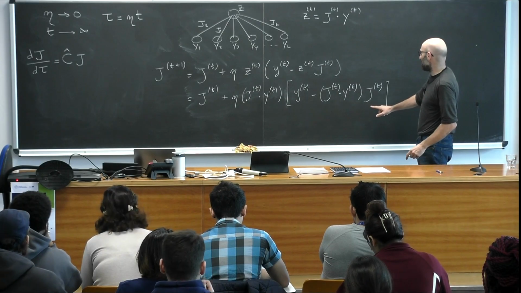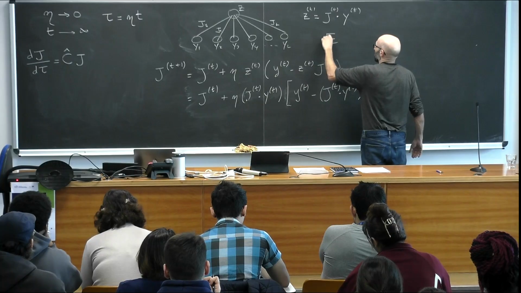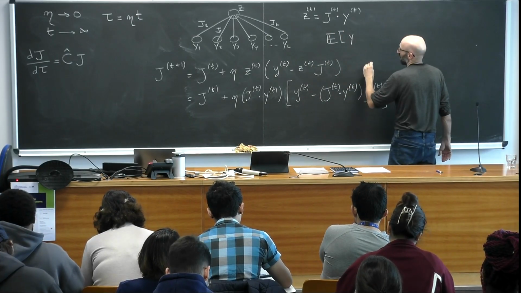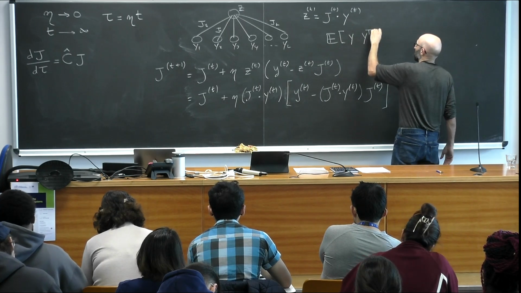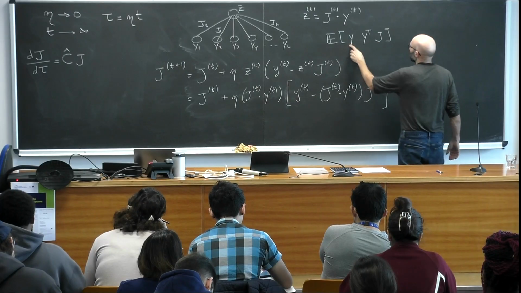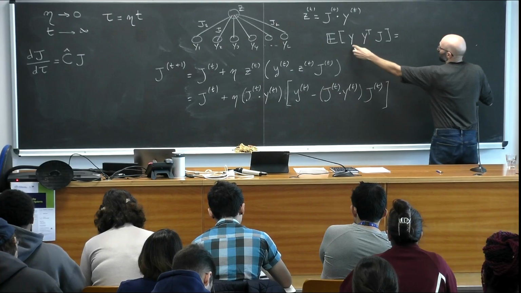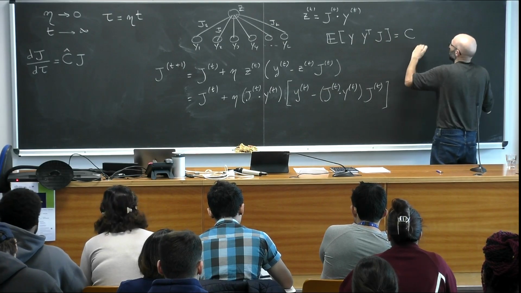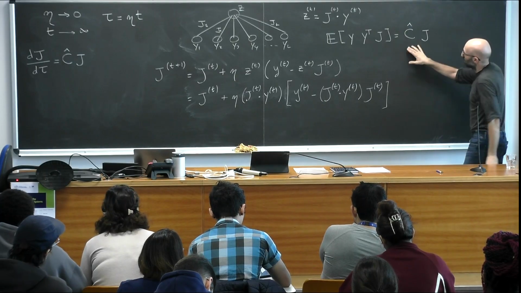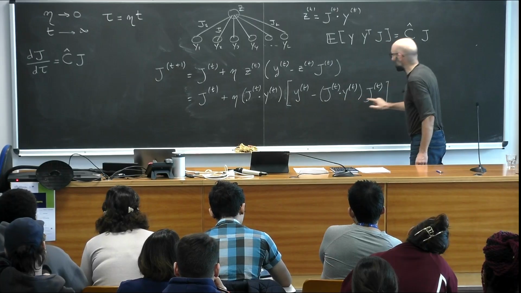And in the second term, maybe if you want, I can write it here. The average of, I can write this as y times y transpose times j, the product of this times this. So j will go out of the average, and the average of y transpose is the correlation. So I get c hat times j. And this other term here will be y, j, j.